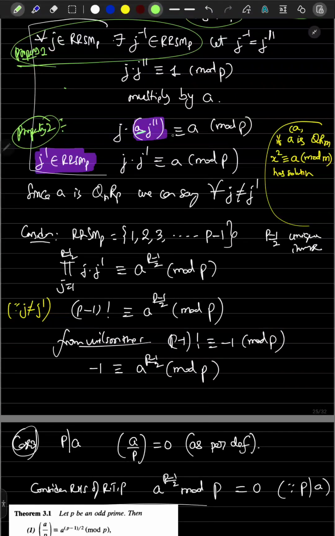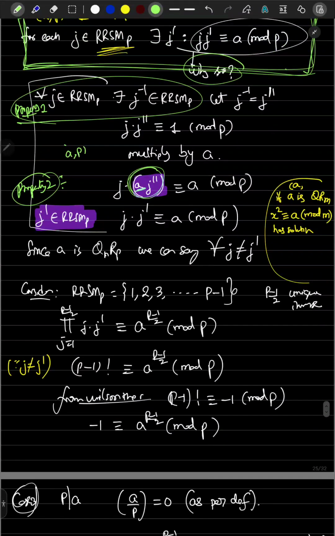Now tell me why. Now I am calling j double dash a as j dash. J dash will belong to RRSM P. See, why am I able to conclude that GCD of a comma P equals 1?